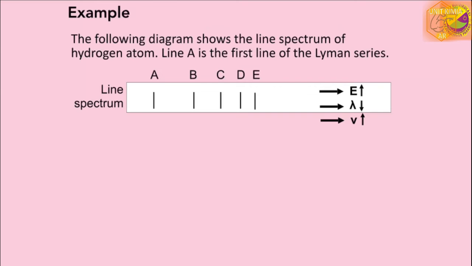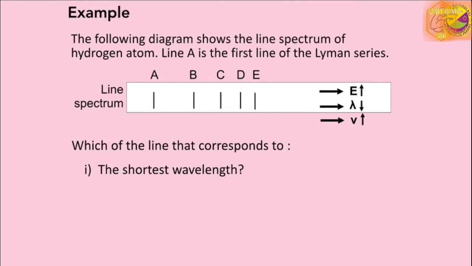Line A is the first line of the Lyman series. Which of the lines corresponds to the shortest wavelength? As we can see on the line spectrum above, from A to E, the wavelength will decrease. So the answer is line E.